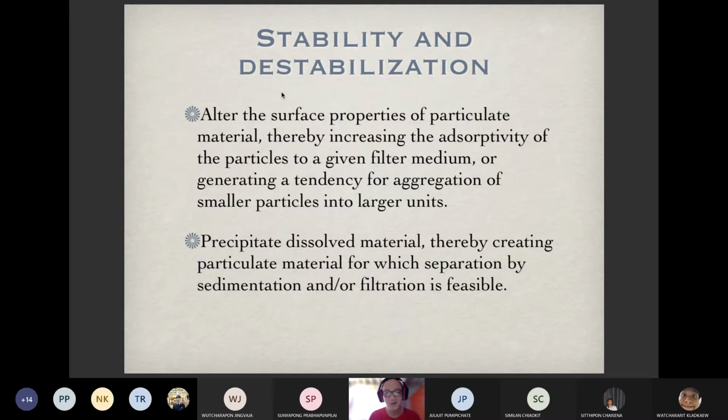Or on the other hand, we call the coagulation the process we use to destabilize the colloidal particle. So now, once it's destabilized by the charge neutralization, we can bring them down. So these are the meanings of the definitions of stabilities and destabilizations of the colloidal particles.